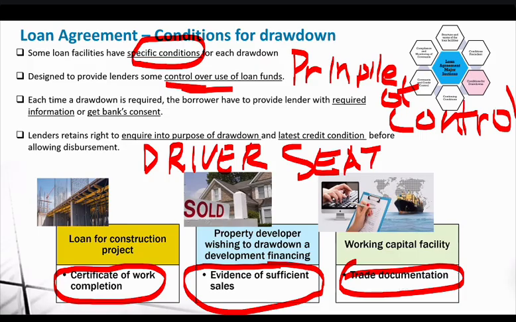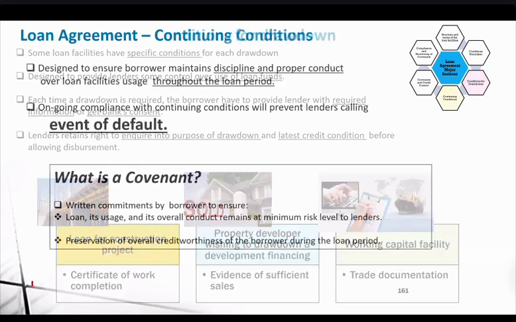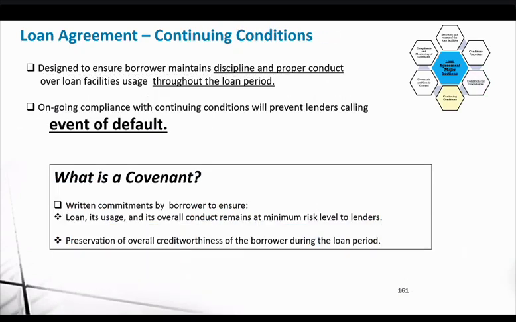So the exam question they'll ask is, what is the difference between CP and conditions for drawdown? And then they'll also ask you for an example of what is an event of default.